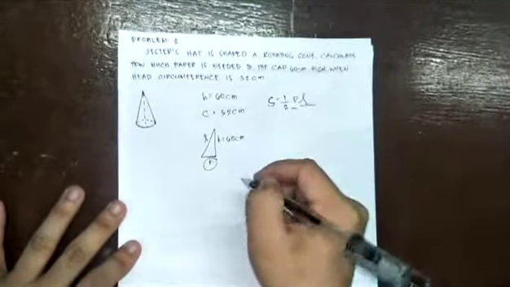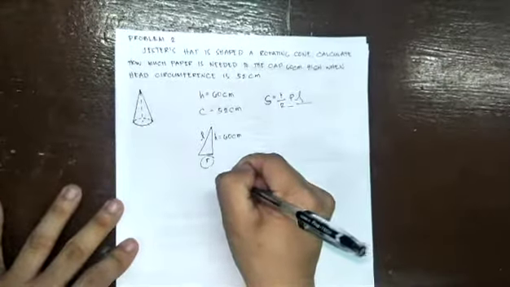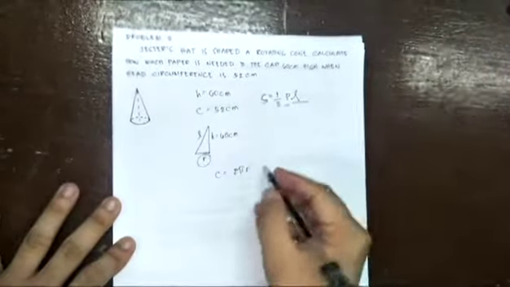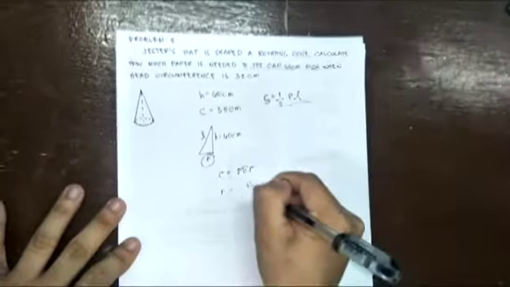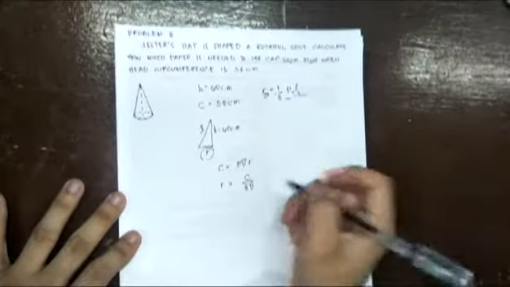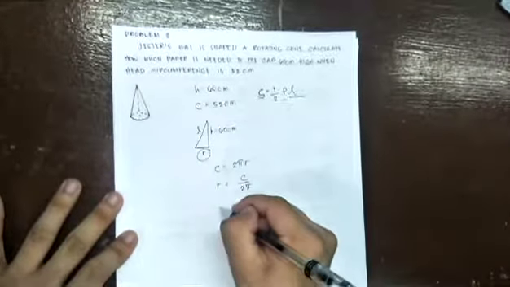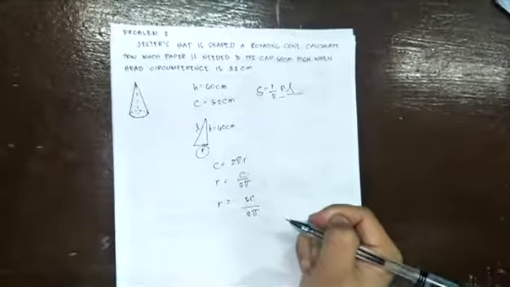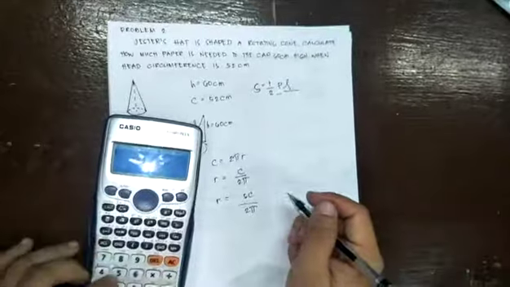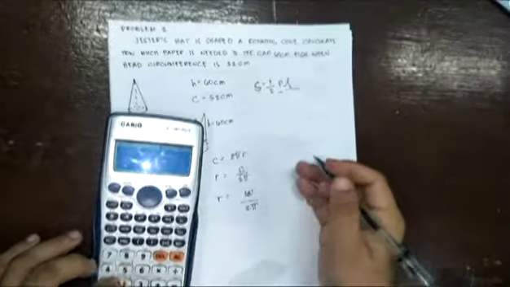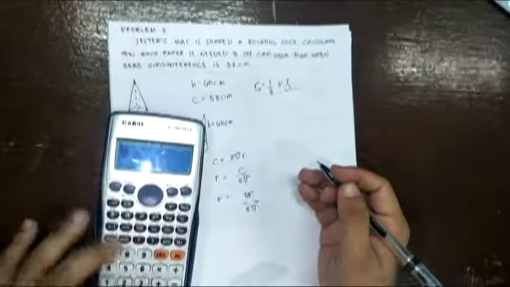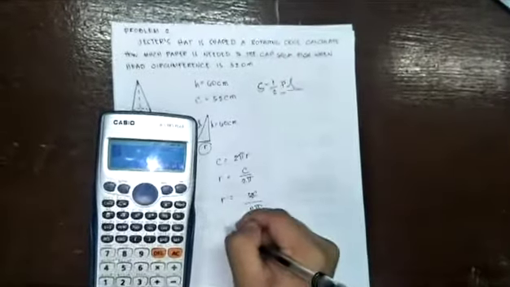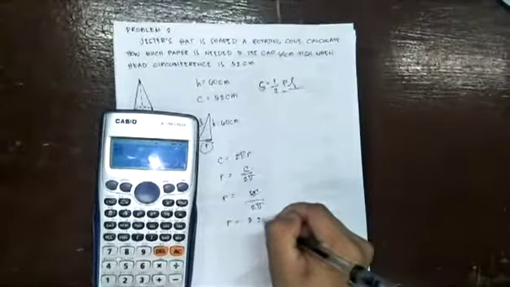And our radius will be equal to 8.276 centimeters.